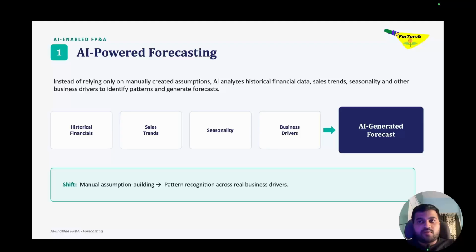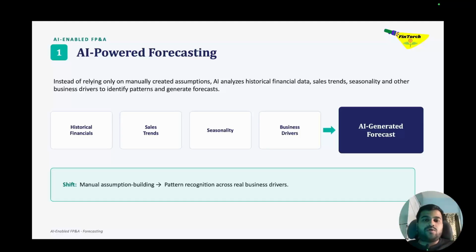The shift from the traditional FP&A is from manual assumption building to pattern recognition across real time business drivers. So earlier, an FP&A analyst used to build forecasts with some assumptions and data, which obviously used to take some time.